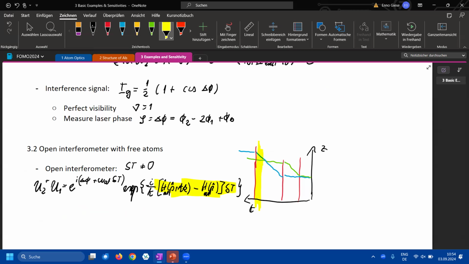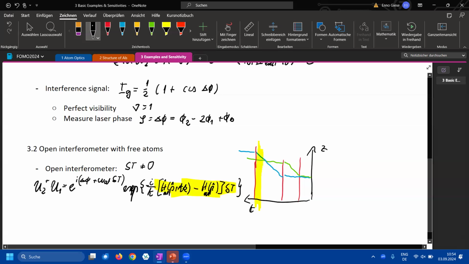So what we have to calculate, and we actually already calculated that when we were talking about resonance conditions.